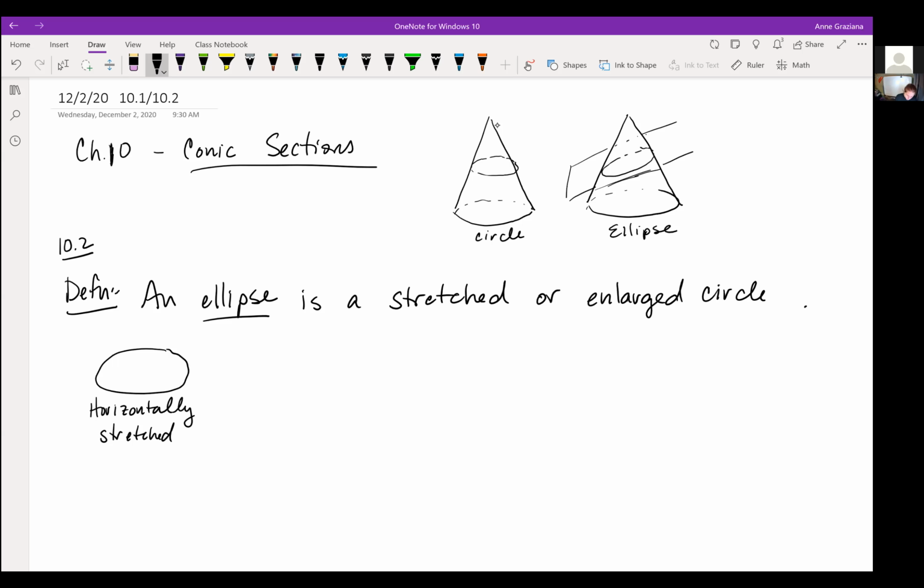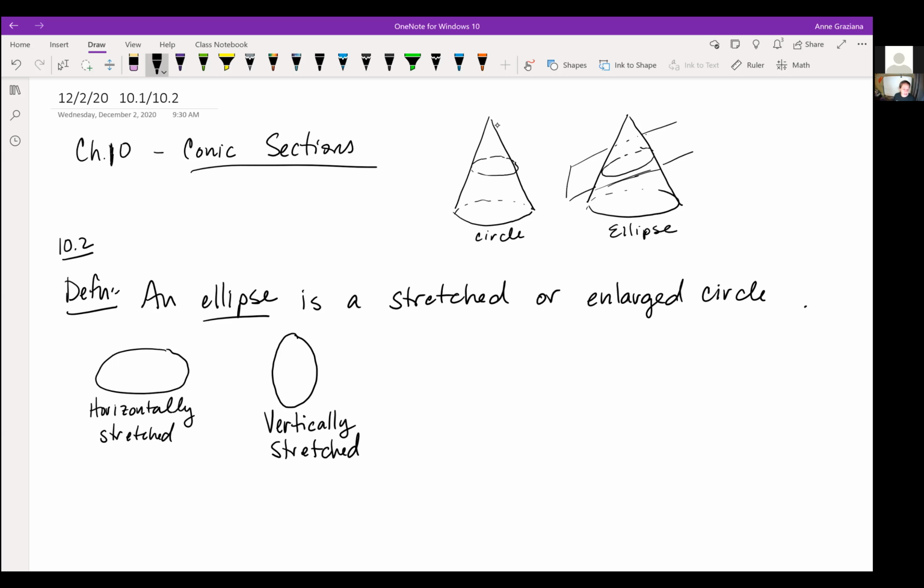Or you're going to see them stretched vertically. Okay, so horizontally stretched and vertically stretched.